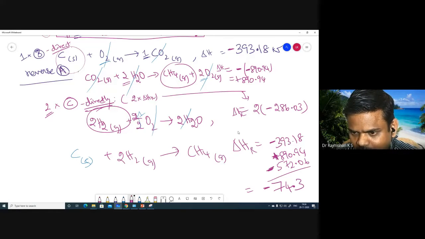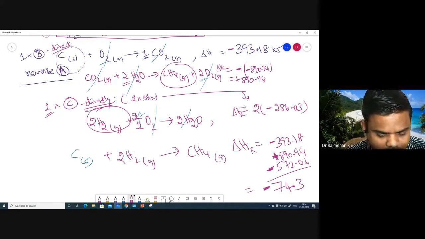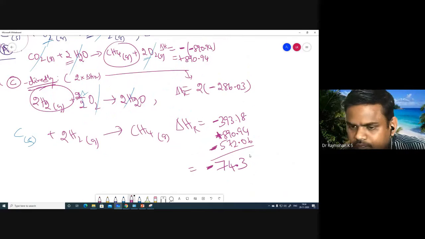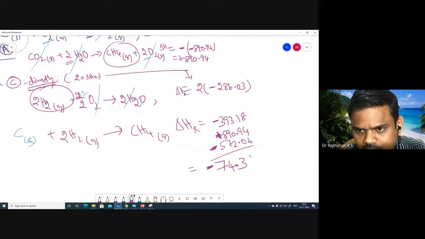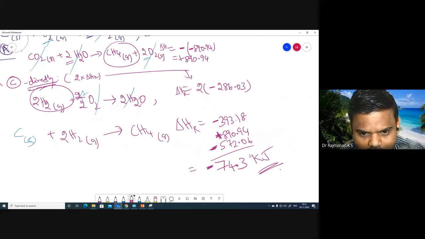What convention will come finally? The majority is minus, only this is plus, and this summation is greater than this, so we should have a minus value here. So minus 74.3 kilojoules. This is the heat of formation of methane.